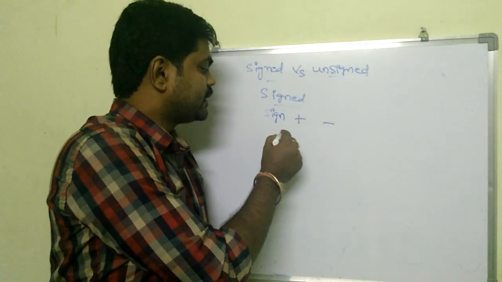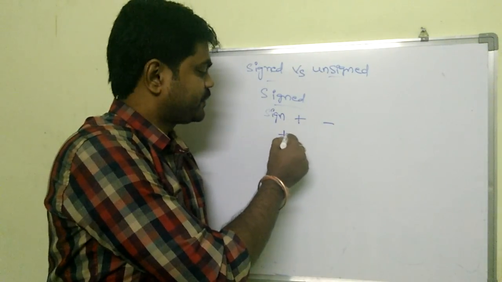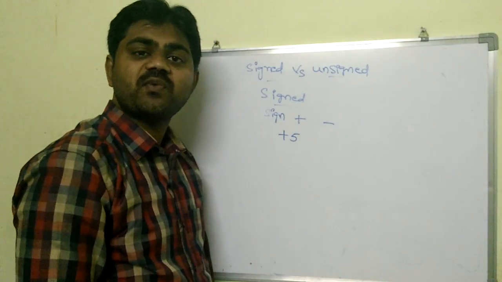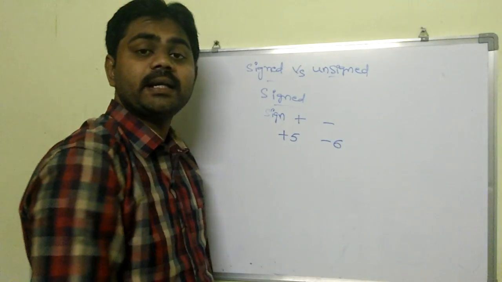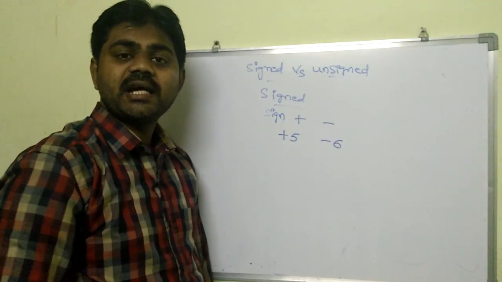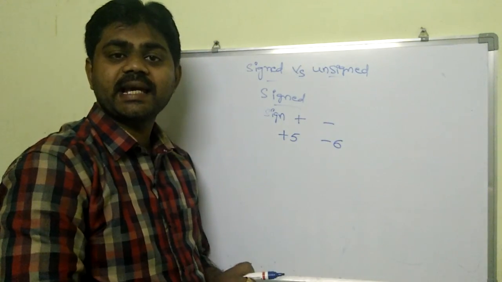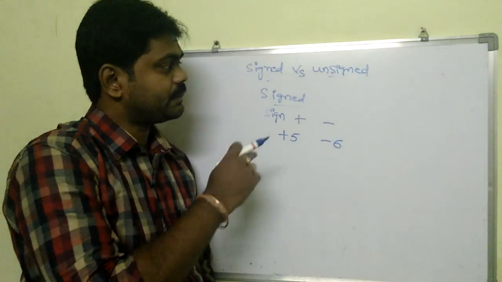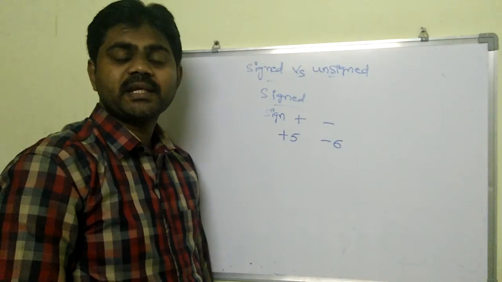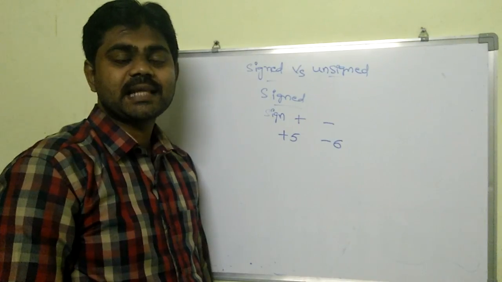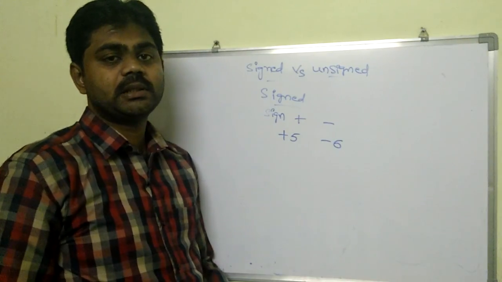For example, if I need to represent 5, I will write plus 5. If I need to represent 6 as negative, I should write minus 6. That means I should specify the sign before a number. But in the case of an unsigned number, I do not need to specify any sign before the number.